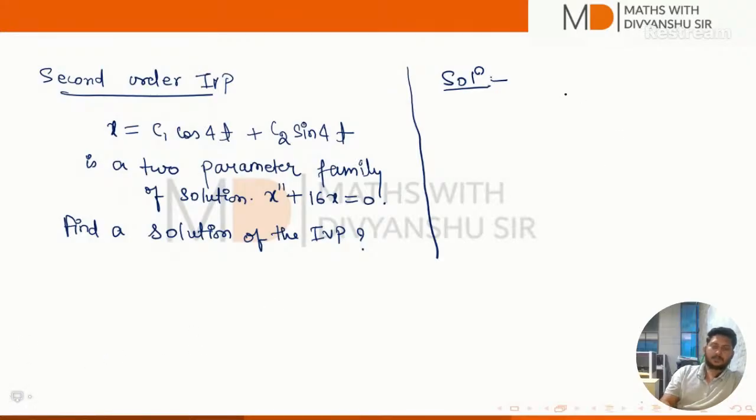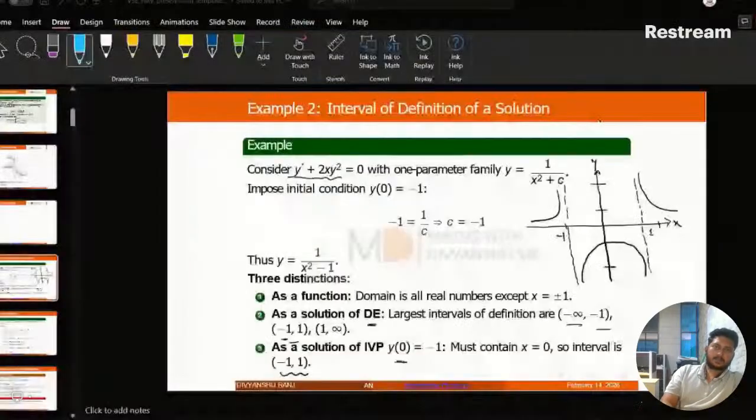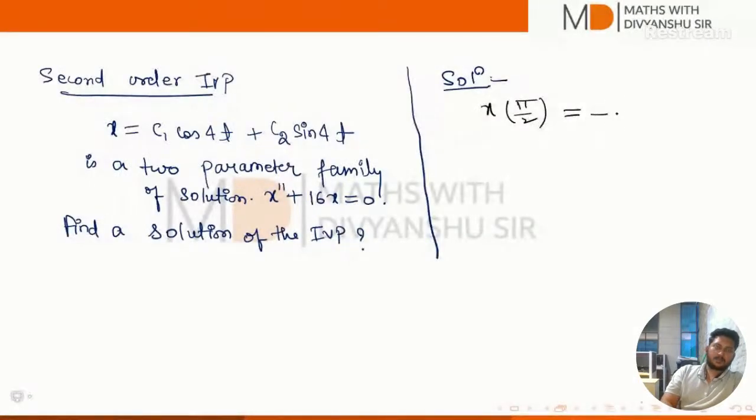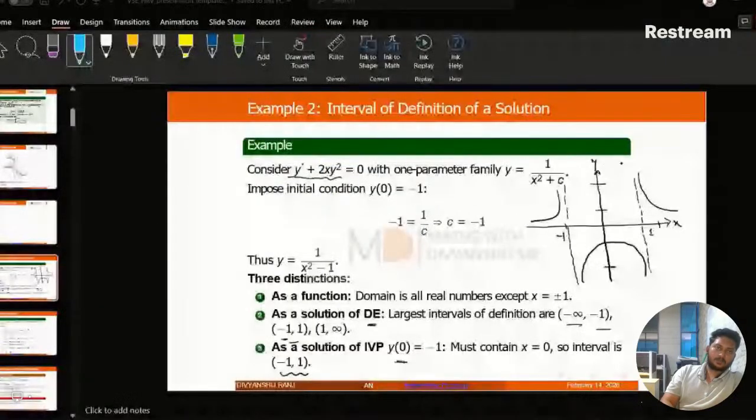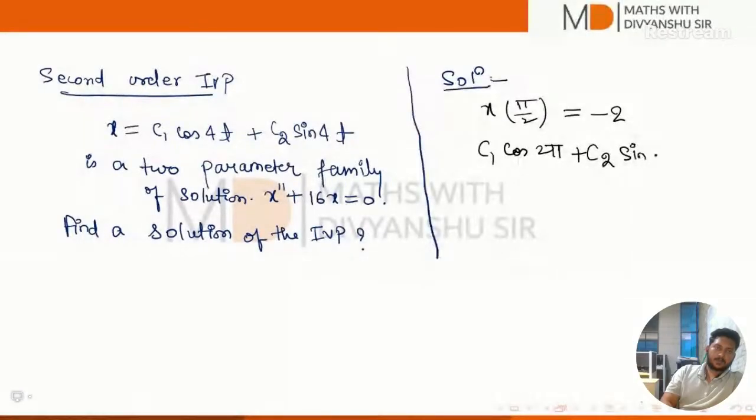So first, maybe apply x(pi/2) here. Okay, x(pi/2) is equal to minus 2. So it gives the family of solutions c1 cos 2 pi plus c2 sin 2 pi, which is equal to minus 2.